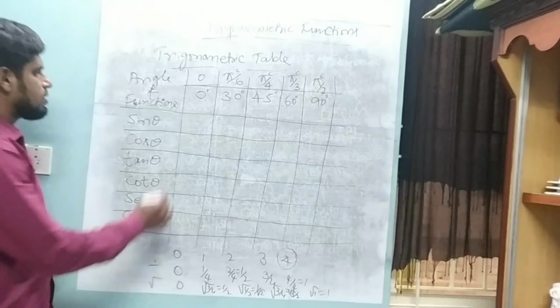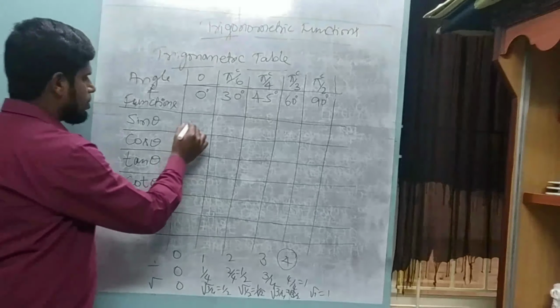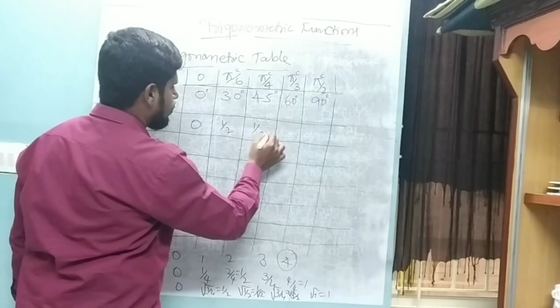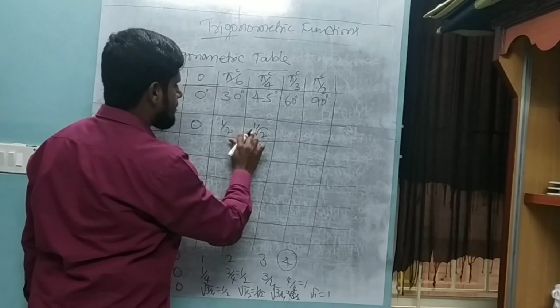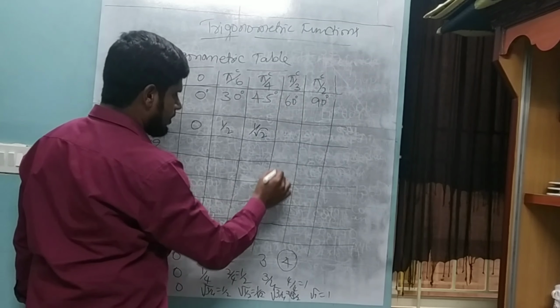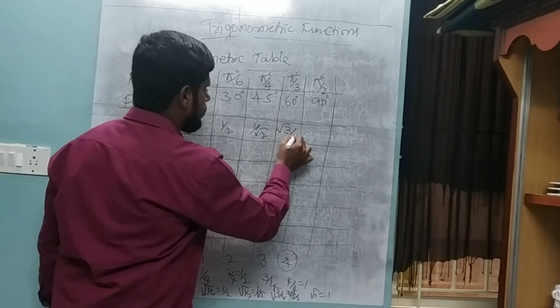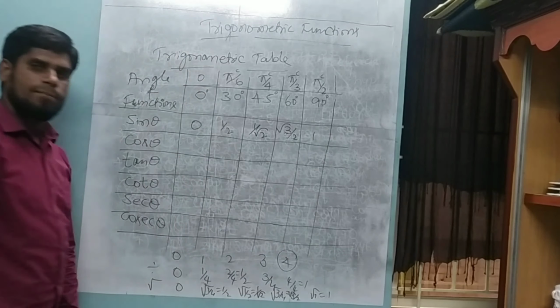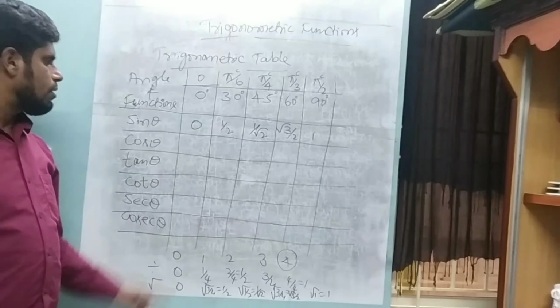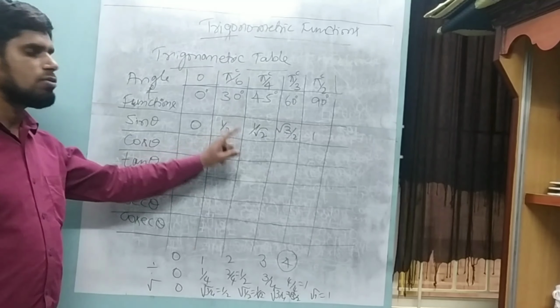So students, these are the values of sine. 0 is for 0 degree, half is for 30 degree, 1 by root 2 is for 45 degree. Next, for pi by 3, that is 60 degree, it is root 3 by 2, and for 90 degrees it is 1. So students, in this way you should write the values of sine.